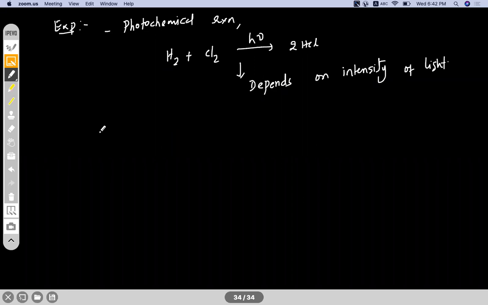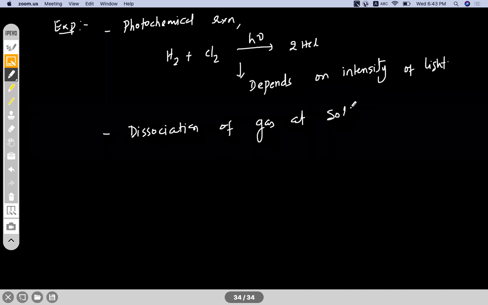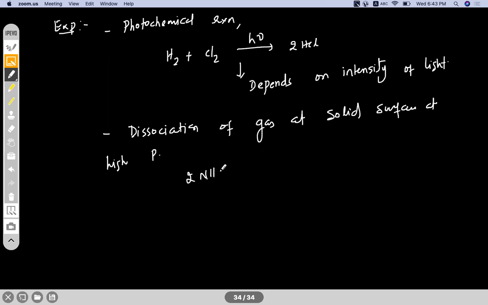Another example we have discussed, dissociation of gas at solid surface at high pressure. That is also zero order. Example, 2NH3 dissociates into N2 plus 3H2.